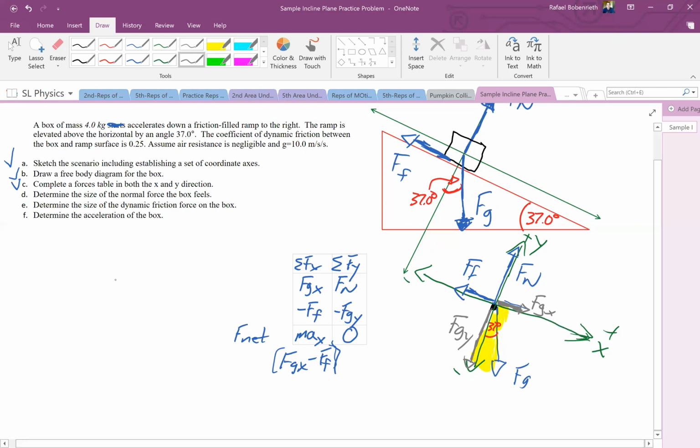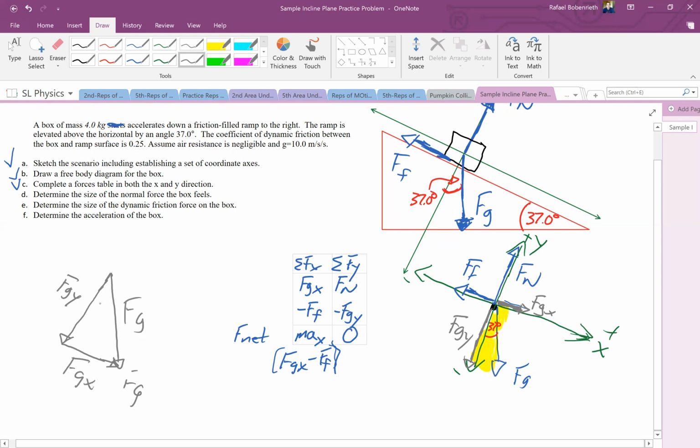Okay, so notice I've got force of gravity coming straight down. And then this triangle here consists of two things. First of all, I have FGY. And then I have over here, remember vectors can be moved as long as you keep the magnitude and the direction the same, this would be FGX, okay?